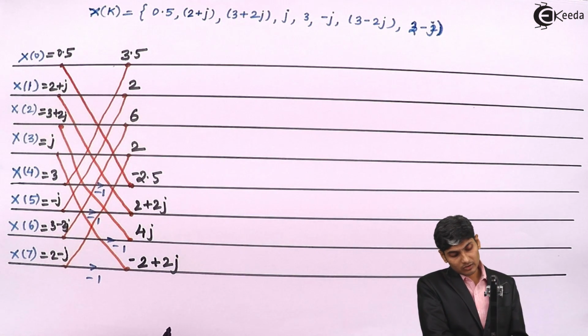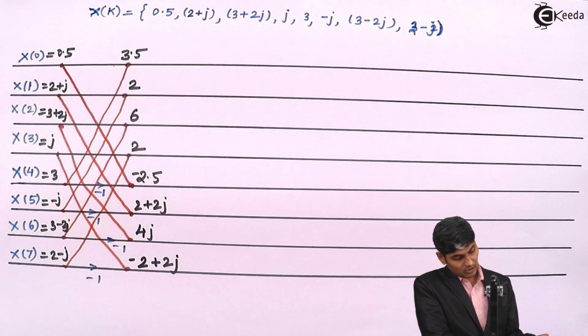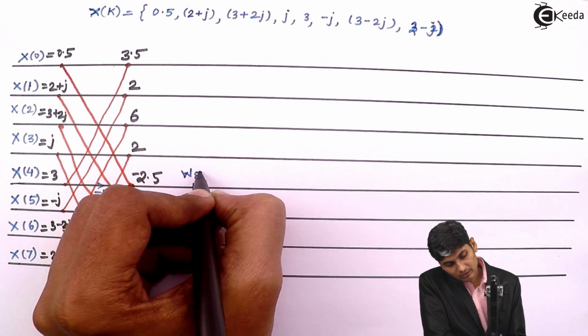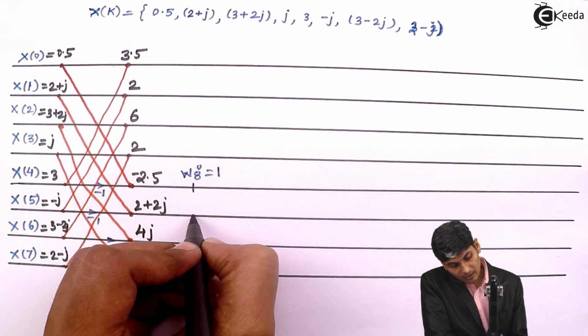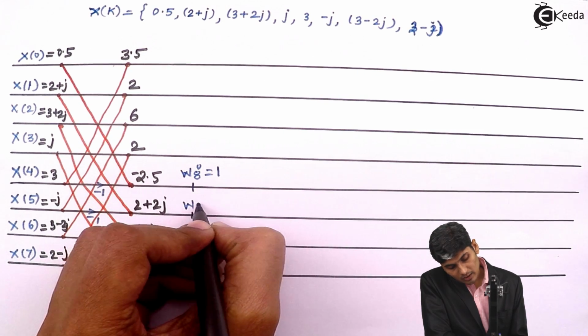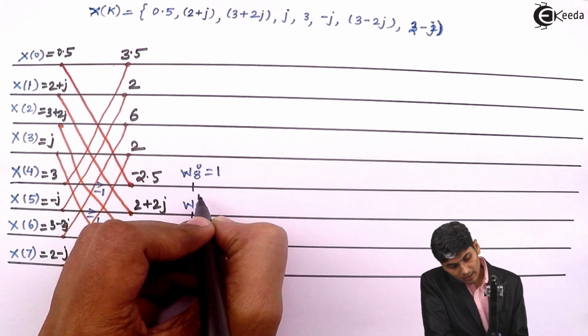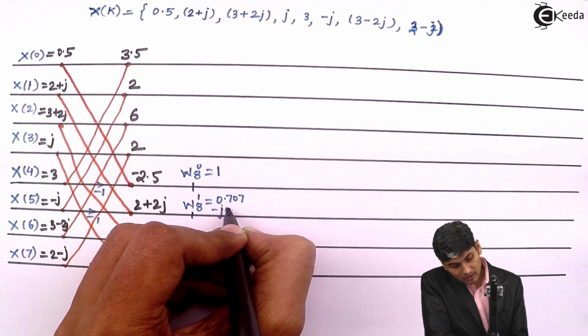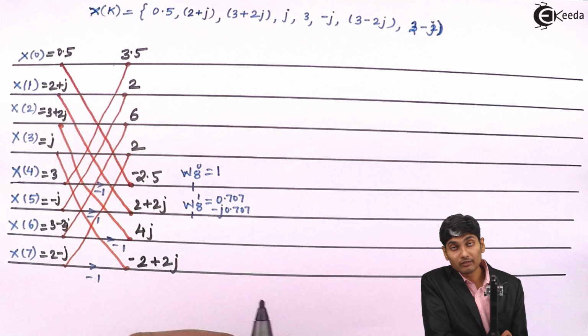Then let us go for the multiplier section. Before proceeding to the second stage, W8 raised to 0, which is 1. Then we have W8 raised to 1, which is nothing but 0.707 minus j 0.707.